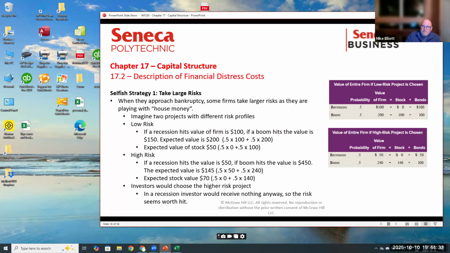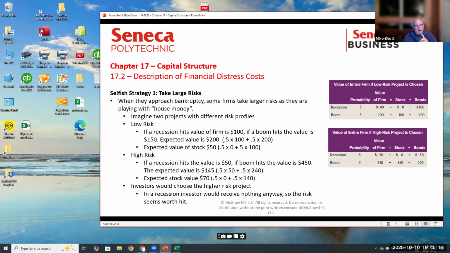If a boom hits, it's worth $200, and the expected value is $150, because we have a 50% chance of being 100 and a 50% chance of being 200. The net is $150.